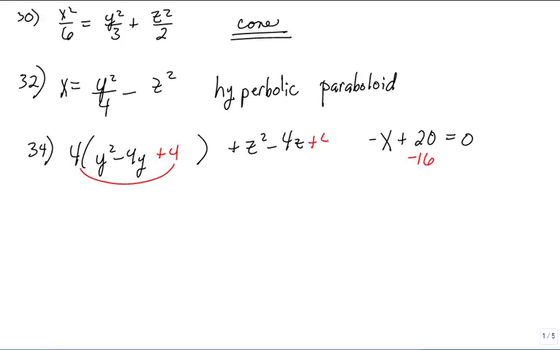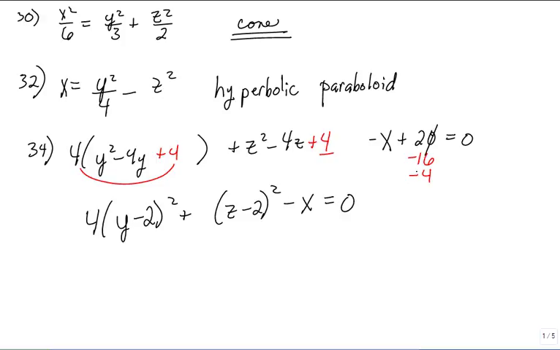And here I take half of 4 squared, add 4, and I'm going to subtract 4 here. So I had to complete the square. The constant drops out. All that goes.